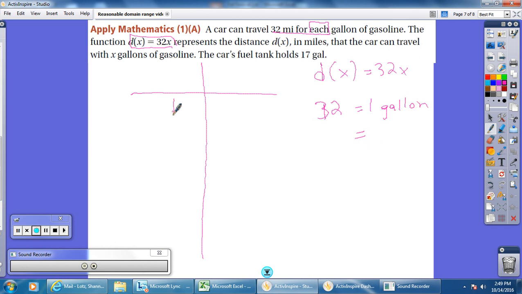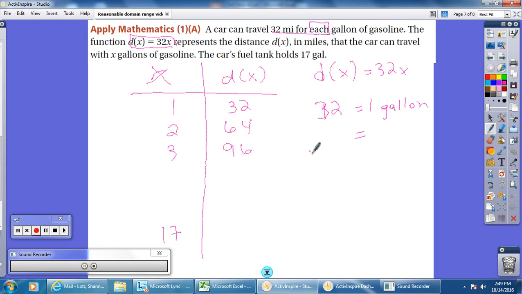So here's my 1 gallon, 2, 3, all the way up to 17 gallons of gas. So this is my gallons of gas, and that is x. And then d of x is my distance, that's my total miles, so 32. And then I just keep plugging it in. 2 times 32, 64. 3 times 32, 96. And I keep going all the way down to 17.